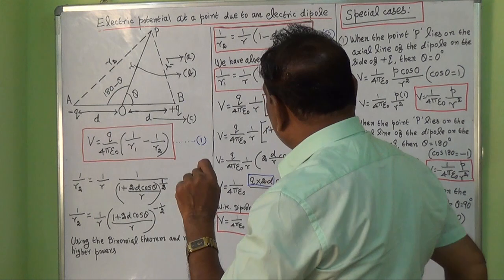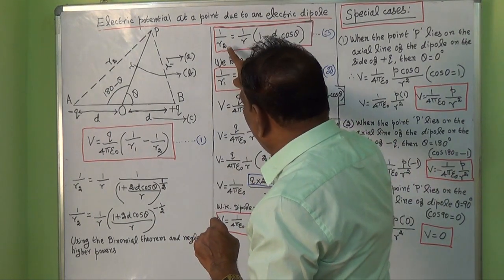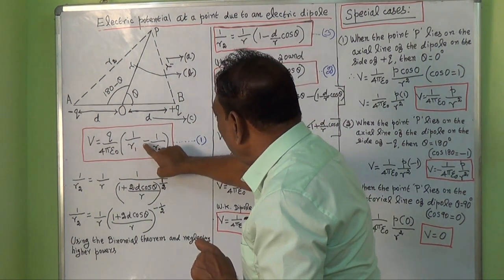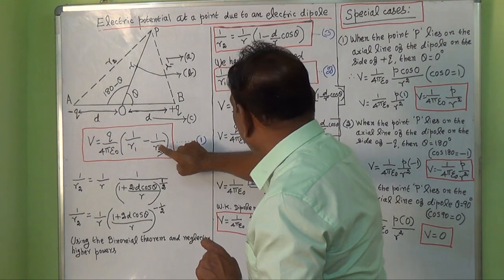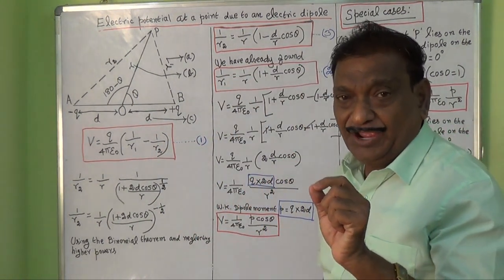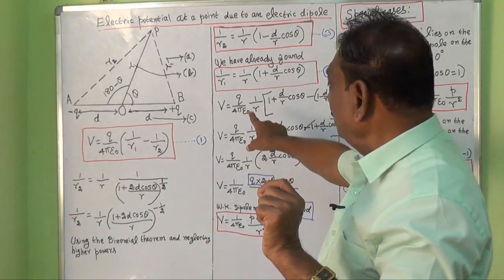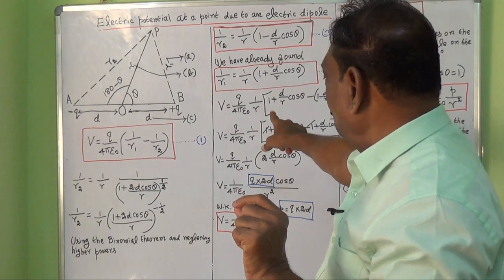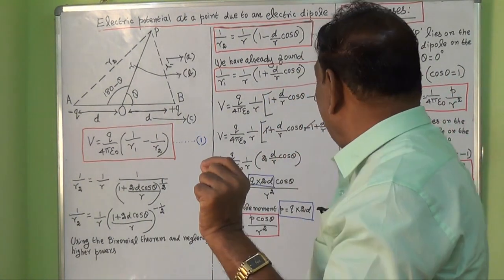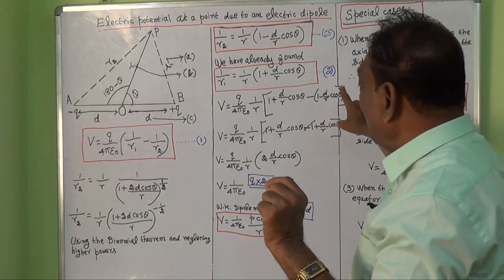So if we substitute 1 by R1 and 1 by R2 in the place of 1 by R1 minus 1 by R2, we will get electric potential V equal to q by 4 pi epsilon naught 1 by R into 1 plus d by R cos theta minus 1 minus d by R cos theta.